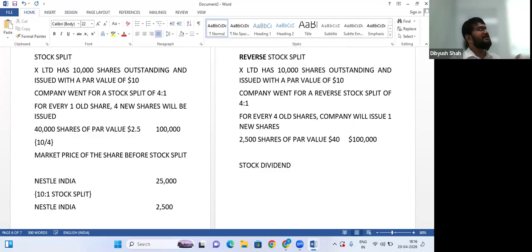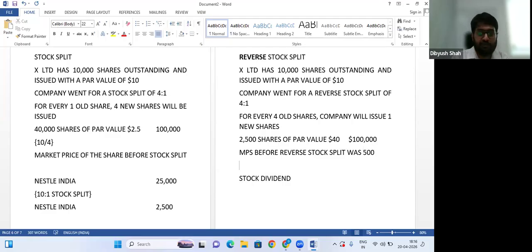Why is this done? To increase the share price. Maybe your stock prices have fallen way below the range. Maybe stock price has become 50 rupees or 30 rupees, and markets think it's a nonsense stock, penny stock as they call it. So management may want to increase the share price. So let's say if market price per share before reverse stock split was 500 and you did a 4:1.